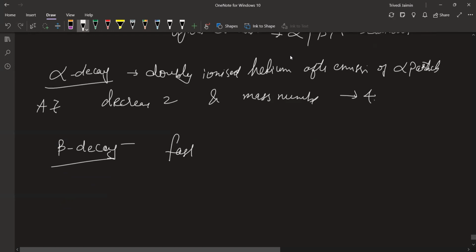Beta decay: beta particles are fast moving. After emission of one beta particle, the atomic number increases by 1, but the mass number has no change.